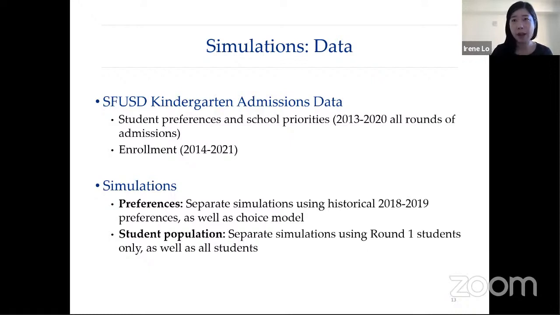This is important because often the students who miss the first round are those who are less informed about the student assignment system. They don't know as much what's going on. They're often from these historically underserved groups. And so those students can actually change some of the results. So we did simulations both for just round one students as well as all students.